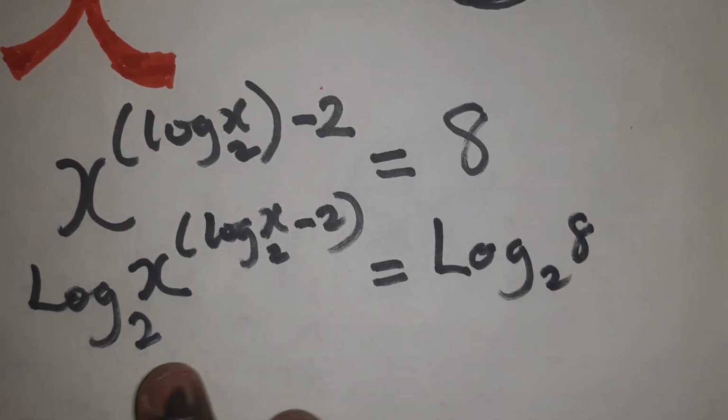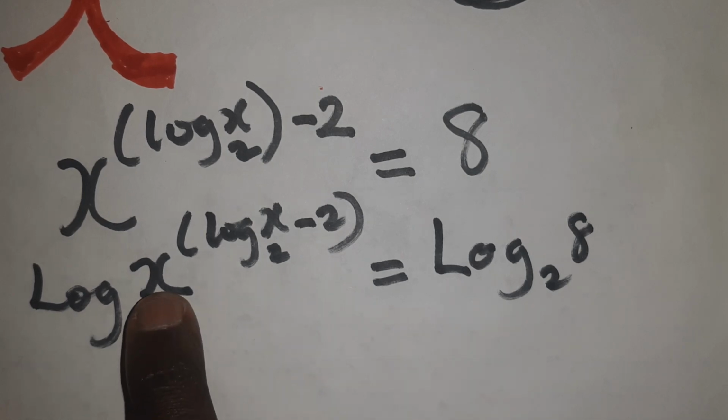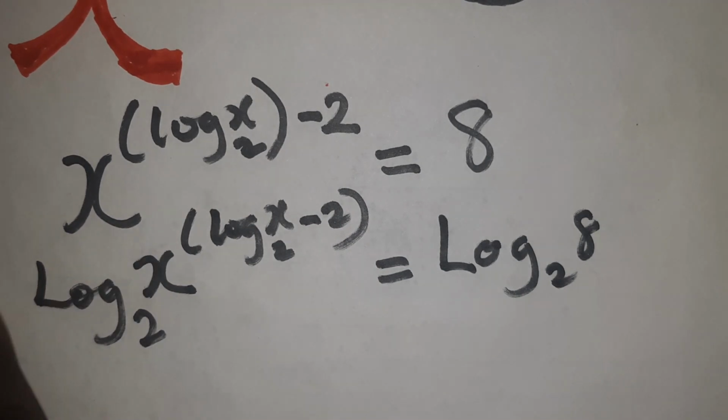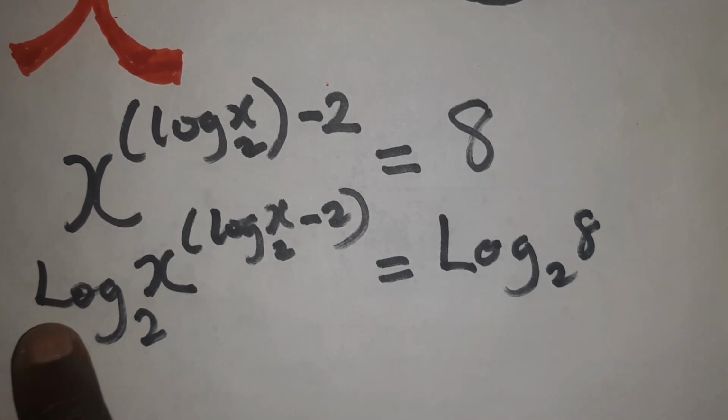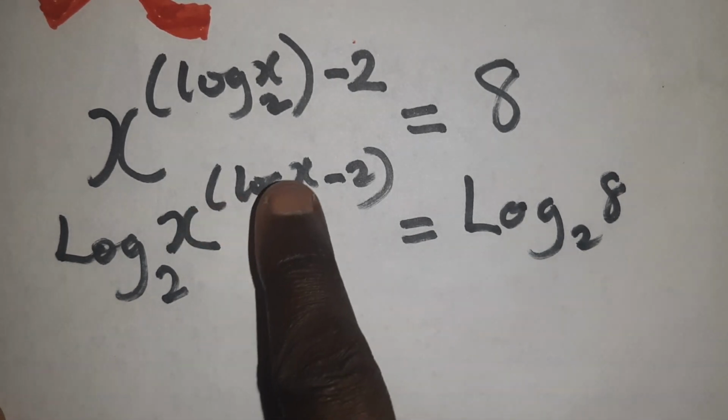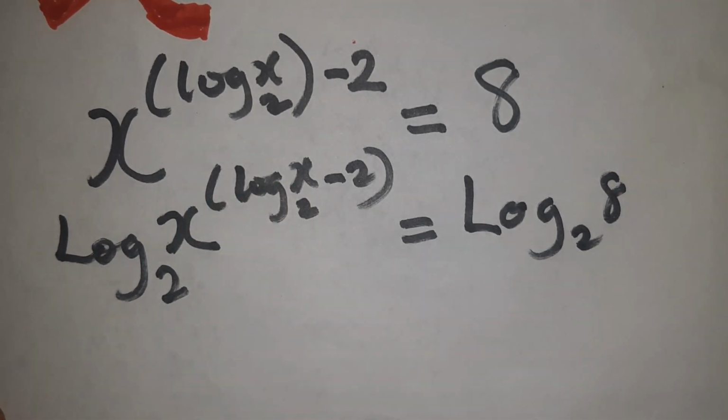And of course, following one of the laws of logarithm, the power for the value x here moves over to the left side of the log to be in product with the log. So rewriting this, the whole power, which is log x base 2 minus 2, comes over to this side.